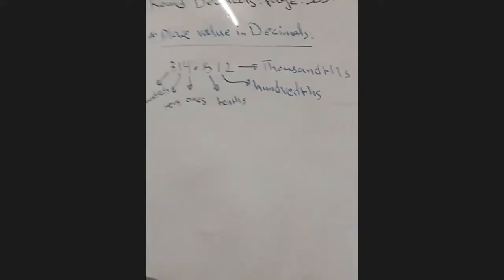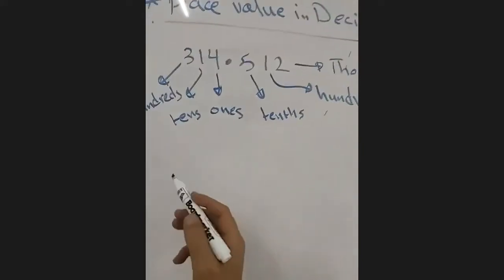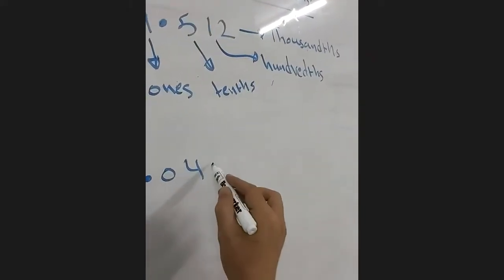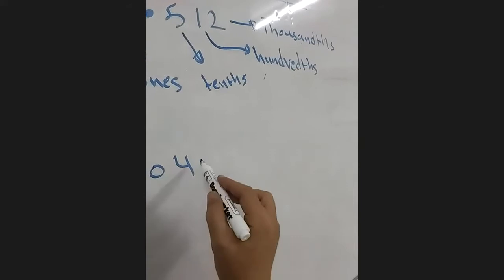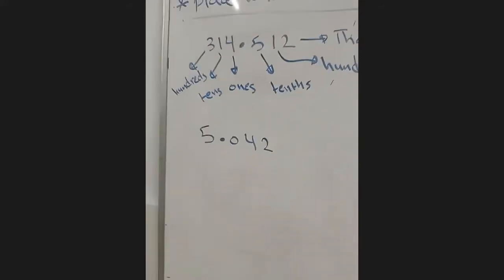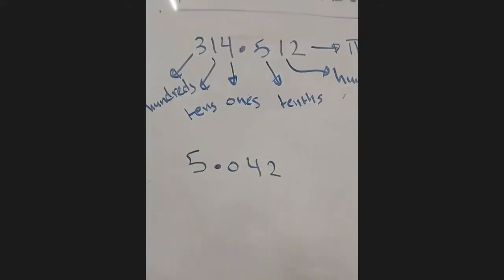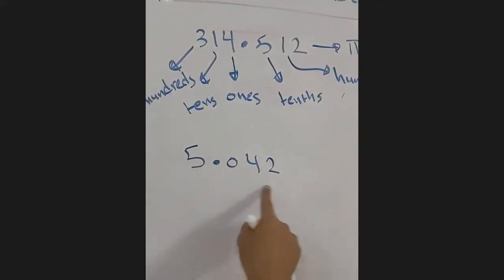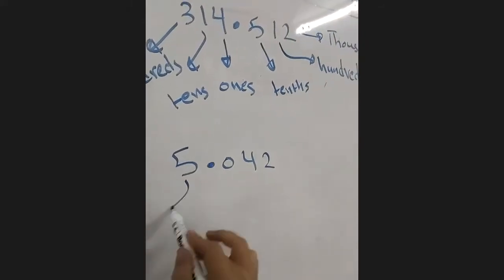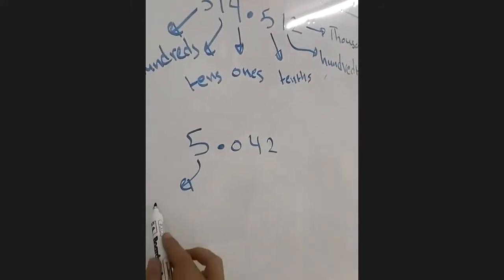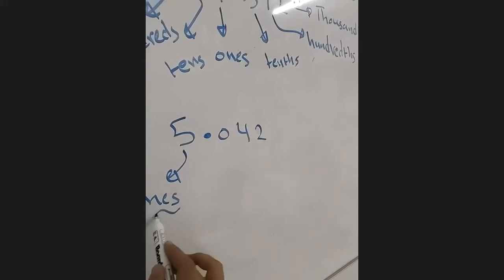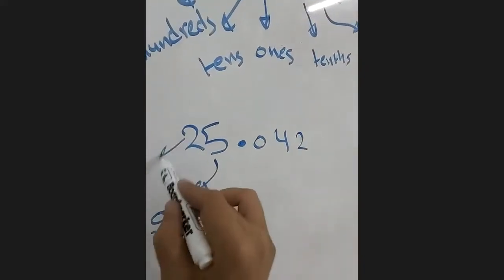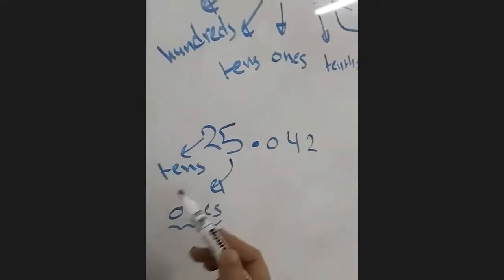For example, if we have this decimal, 5.0412, now here also we have two parts. This is the whole part, and this is the decimal part. In the whole part, we have only one number here, so I will call it ones. If we have a number here, I will call it tens.